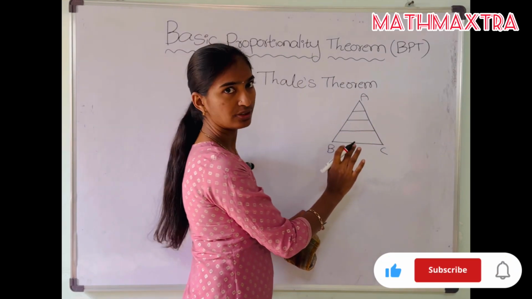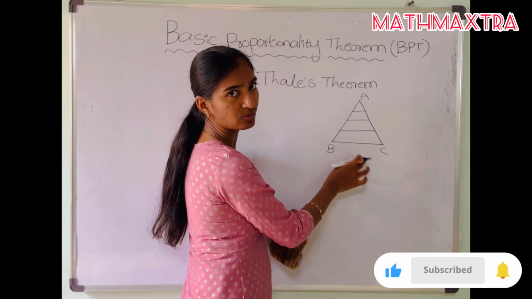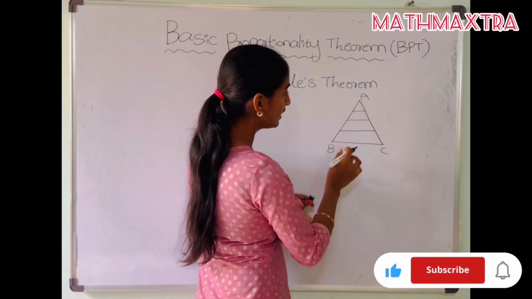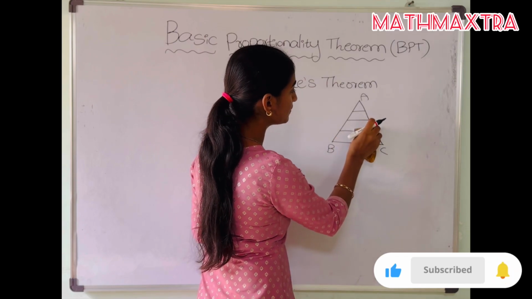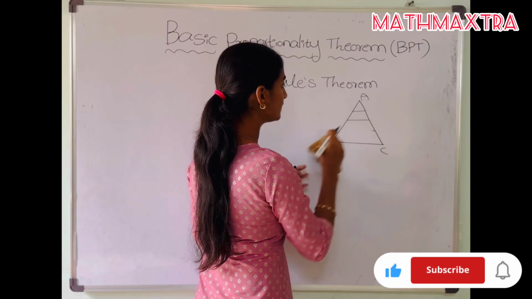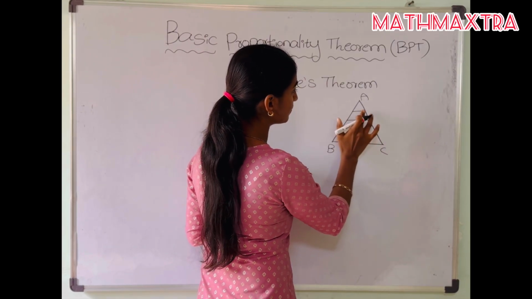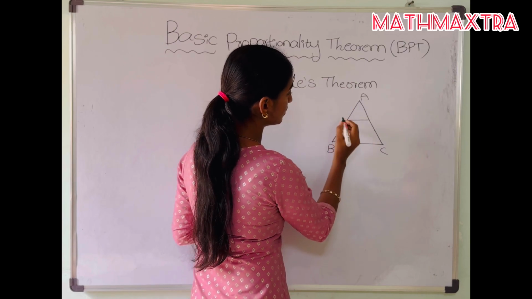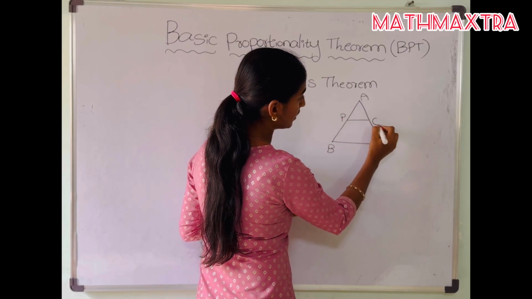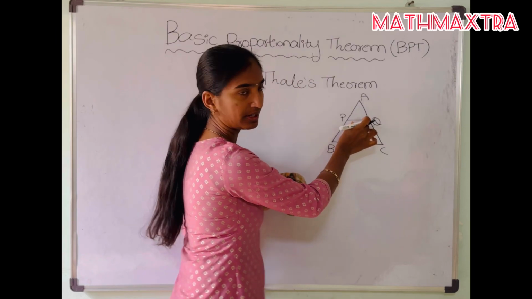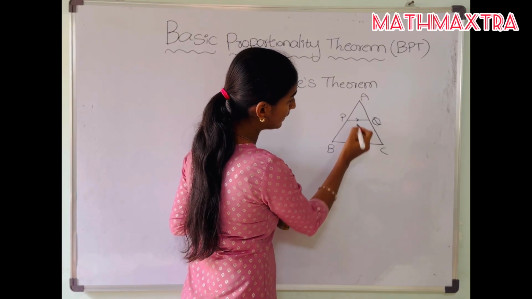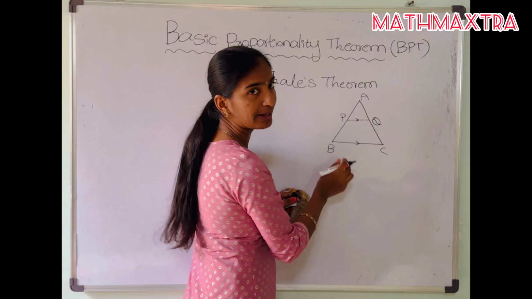Whatever line you take, it must be parallel to the side BC, right? So I am taking this line PQ, which is parallel to the side BC.